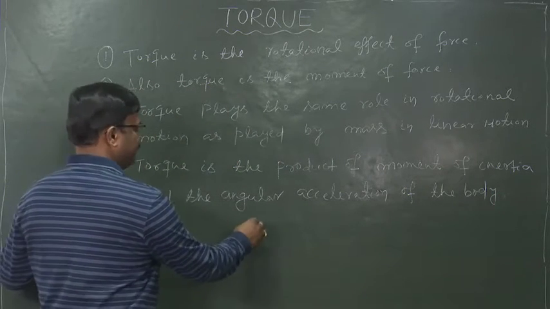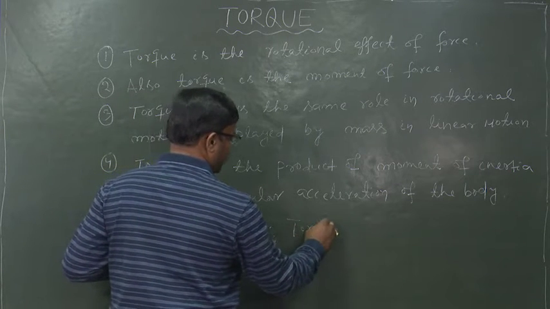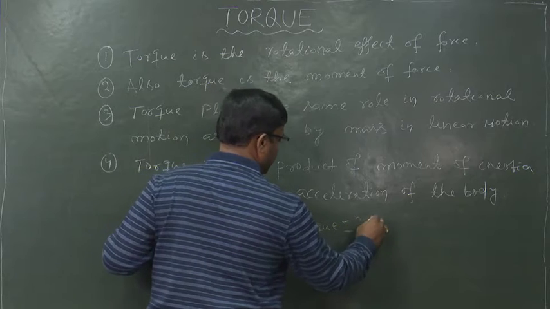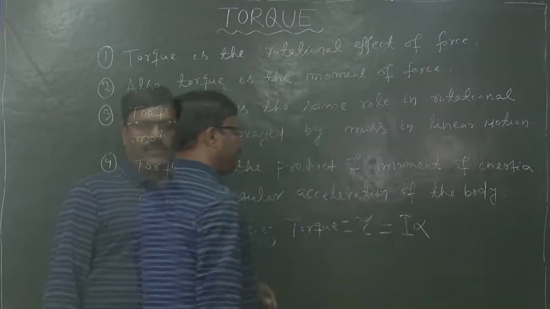That is, torque tau is equal to I alpha.